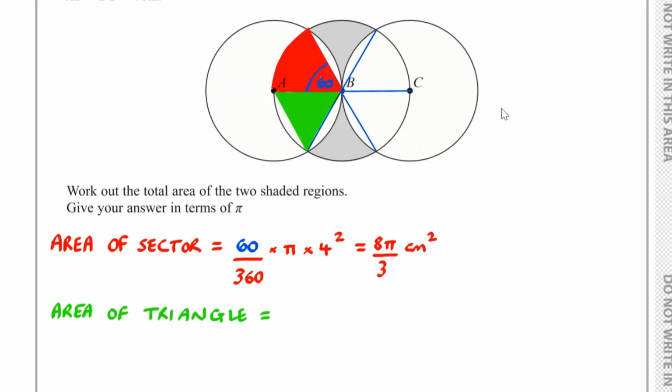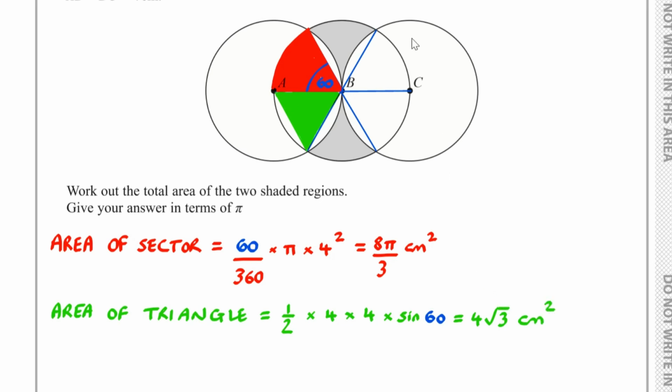So the area of the triangle then, we've got 1/2 times by 4 times by 4 times by the sine of 60 degrees. So what we end up with is 4√3 centimeters squared.